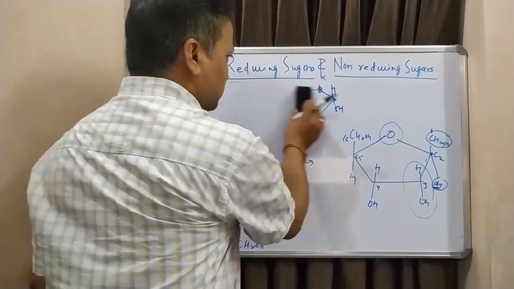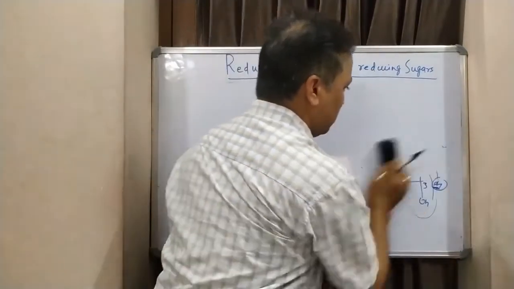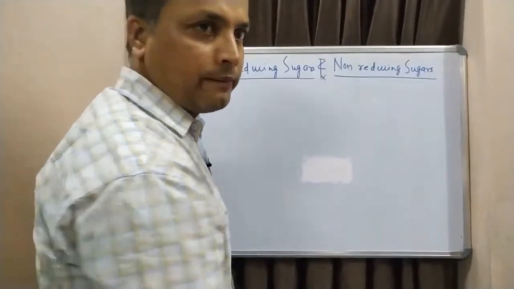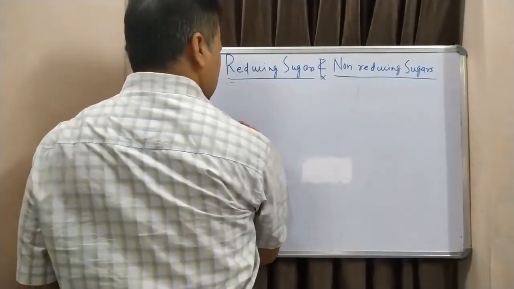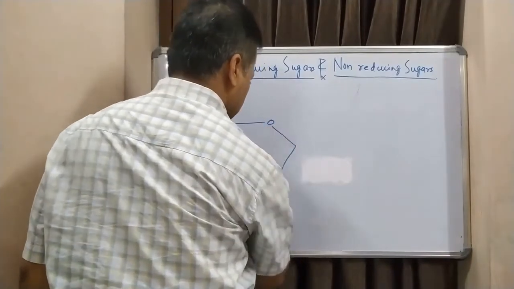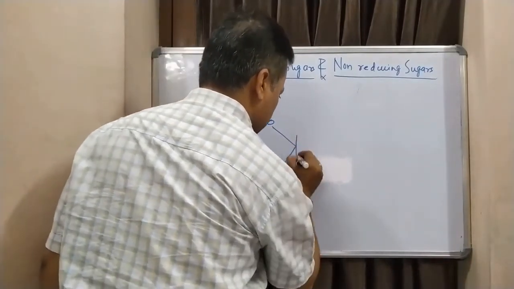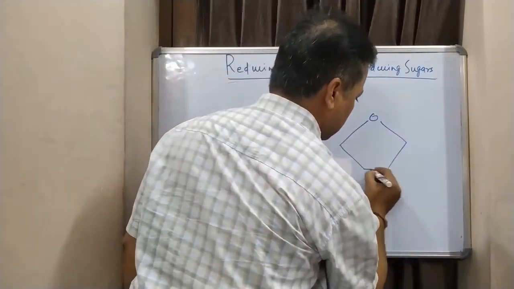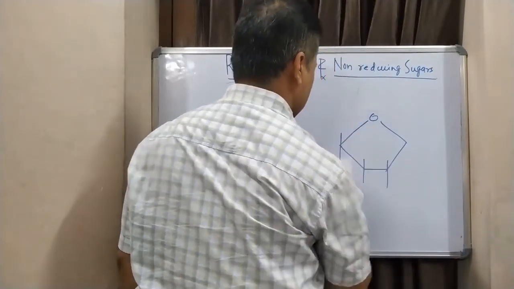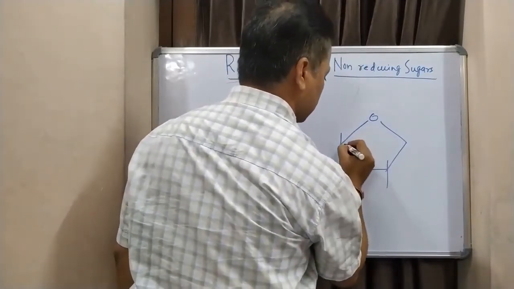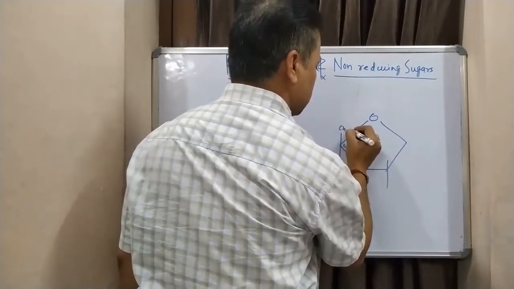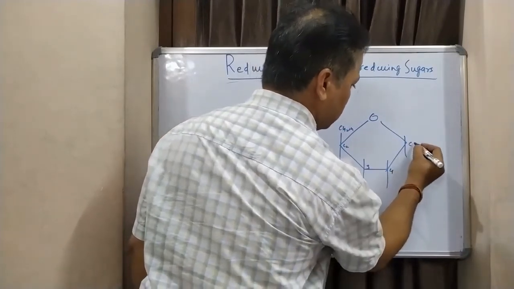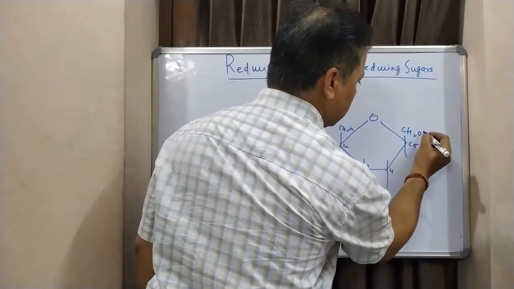Now, if you see a disaccharide, sucrose, how is sucrose a non-reducing sugar? This is C2 of fructose, this is C3, C4, C5, C6.